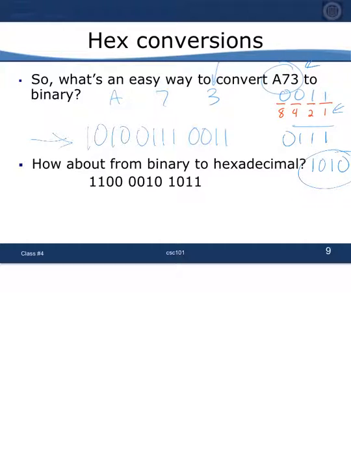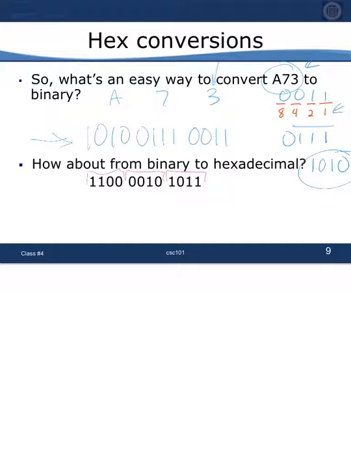So how about we go the other way real quick. If I want to switch from binary to hex, here's my binary number. To write it as hex, I think the easiest thing to do is to consider each group of 4 and see what hex digit each group of 4 bits corresponds to.